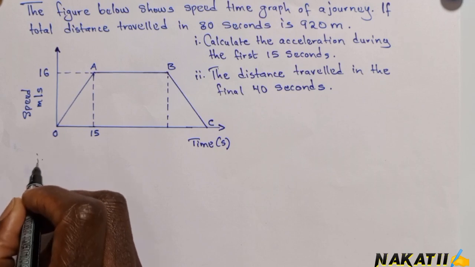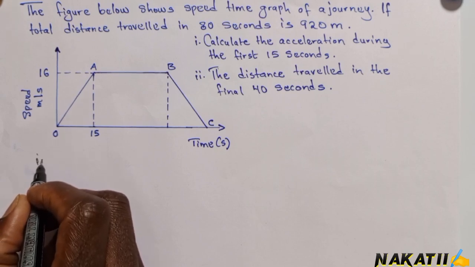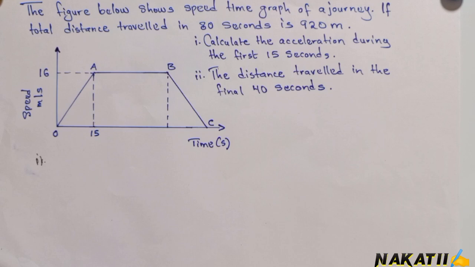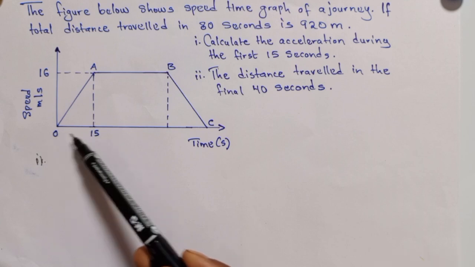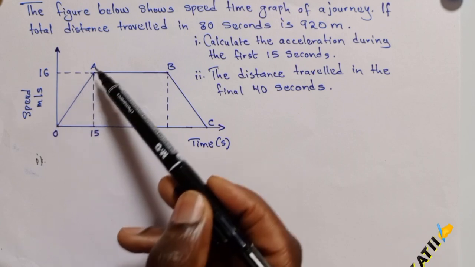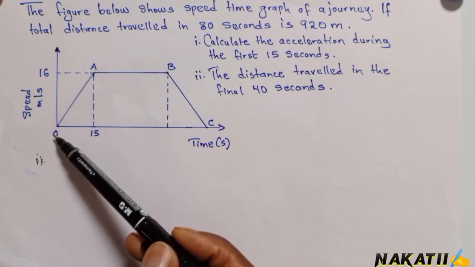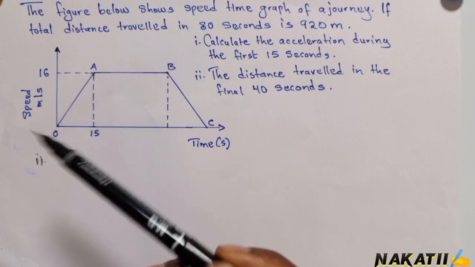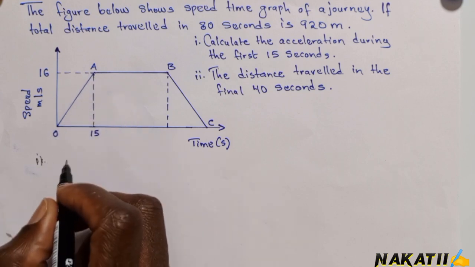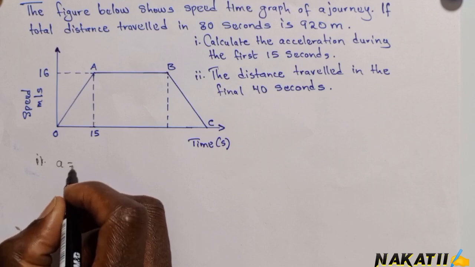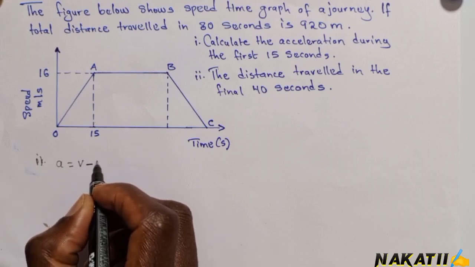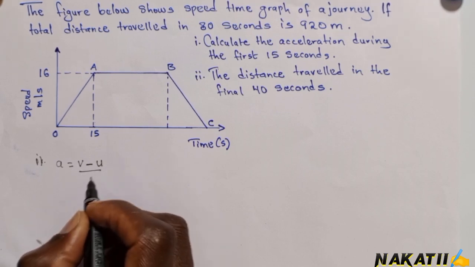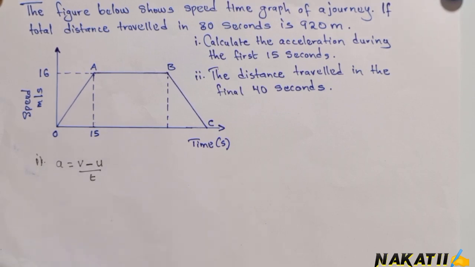In Roman 1, they've been told to find the acceleration during the first 15 seconds. From 0 to 15, this is the acceleration from this point to this point. Therefore, acceleration is given by final velocity minus initial velocity, divided by the time taken to accelerate.